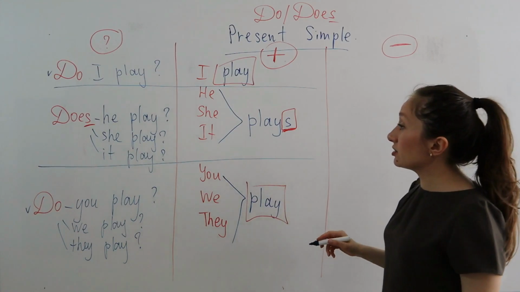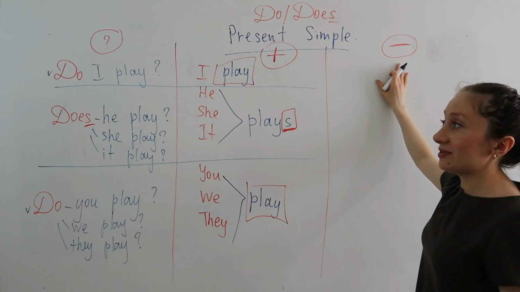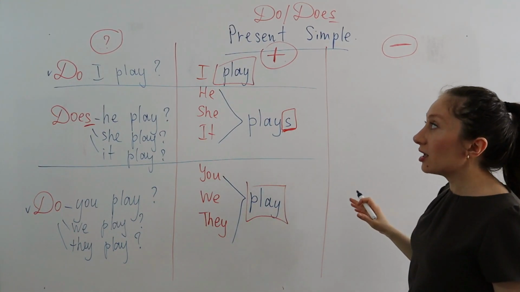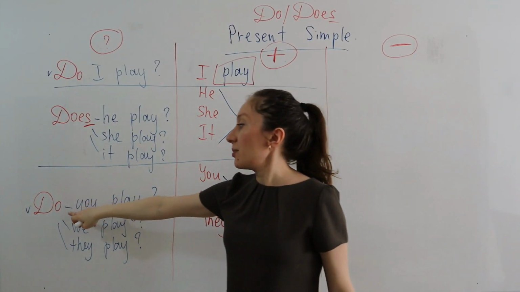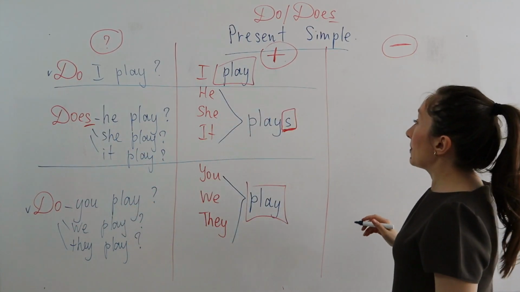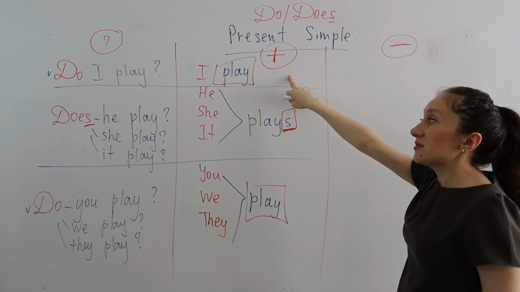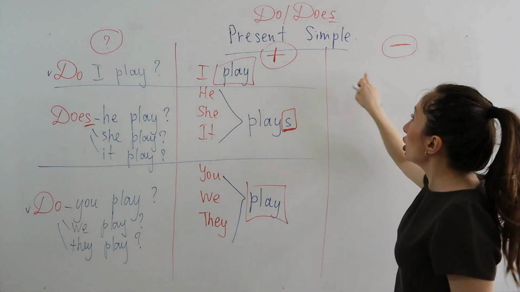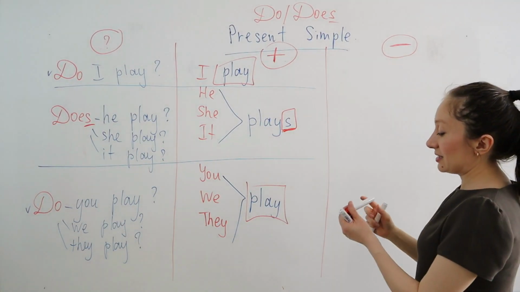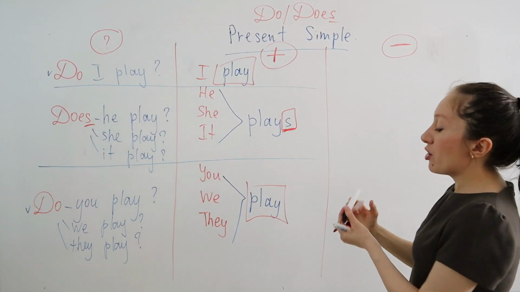And next come our negative sentences. Super easy because we will use the same auxiliary verbs. For example, you have the positive sentence, I play. Here we will have negative sentences, and we use the same verb.